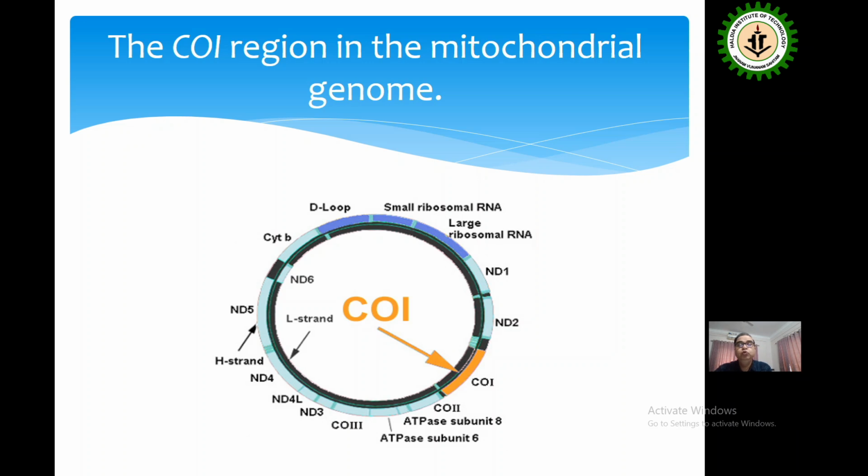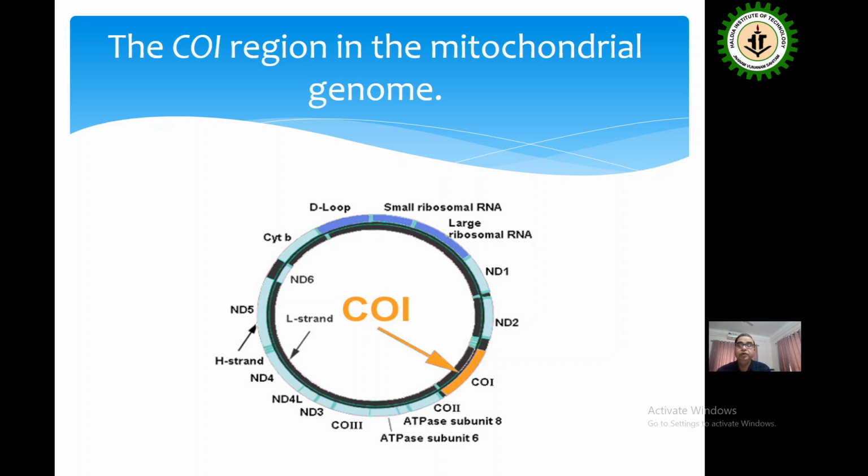For example, the D loop or the displacement loop is also there in the upper part, the blue color. It is sometimes used as breed specific barcoding, and other regions are also shown here. So we will concentrate our discussion on cytochrome C oxidase subunit 1. Of course, there are some other barcode regions also.